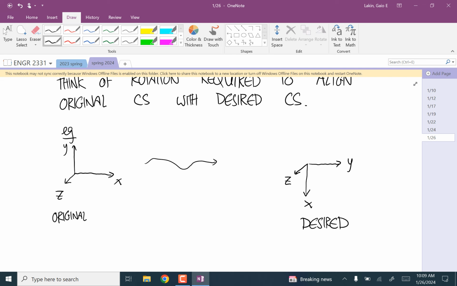Okay, so this is a negative 90-degree rotation about z, or you could also do positive 270 about z.